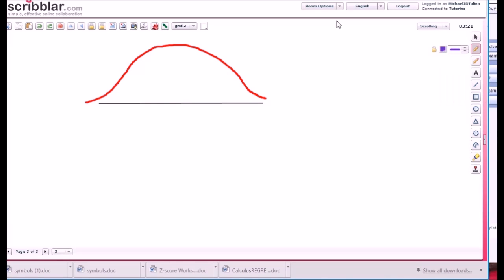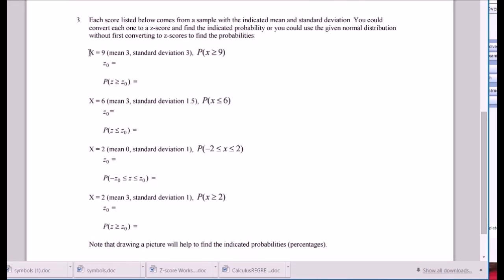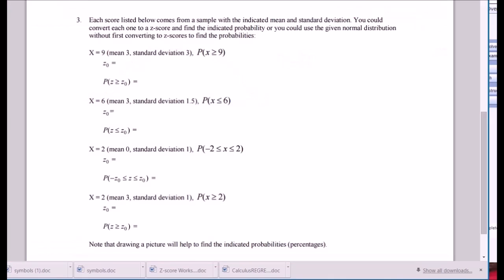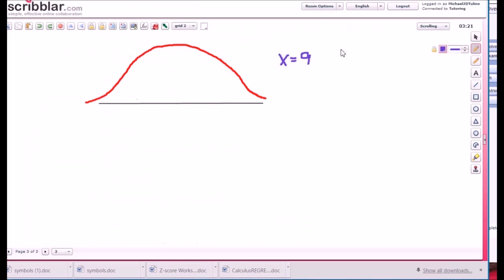Alright, so we're given x equals 9, a mean of 3, so x bar is 3, and a standard deviation of 3. So let's get the standardized z-score.